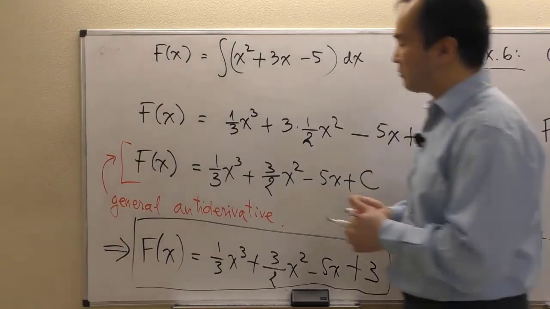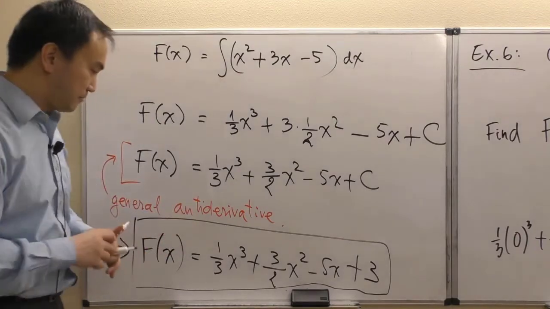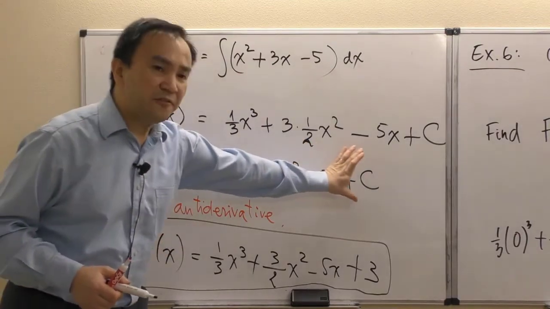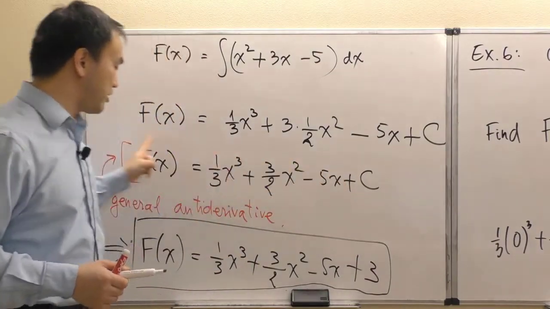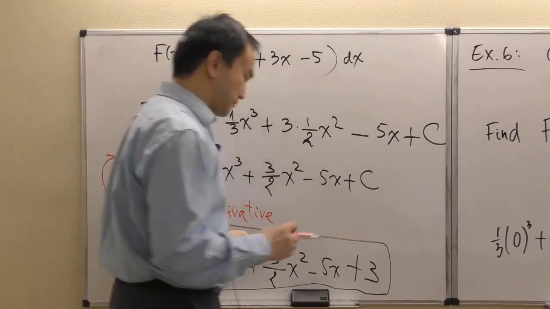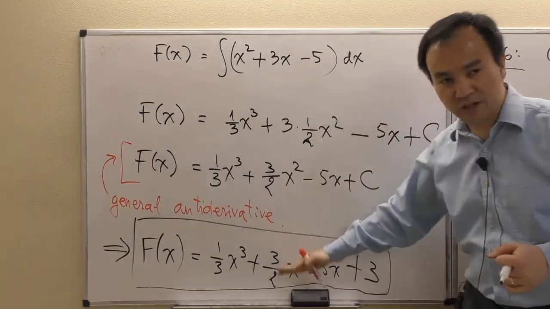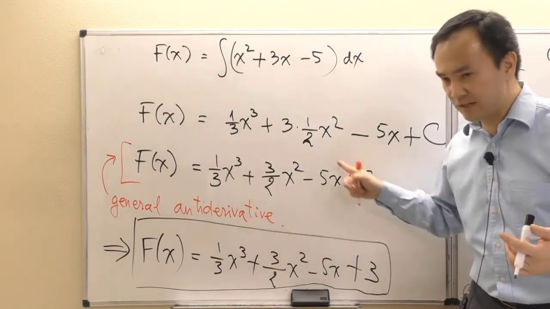But before we are completely finished with this problem: before we solved for the c value, this was called a general antiderivative. But now we came to this particular member of the entire antiderivative family.